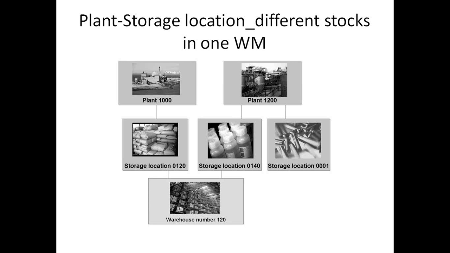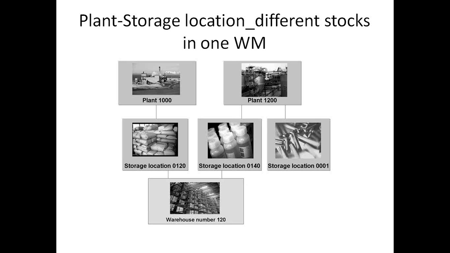Also there is one restriction: an already assigned plant and storage location combination cannot be assigned to another warehouse. As I said, plant 1000 and 0120 assigned to warehouse number 120 cannot be assigned to another warehouse.